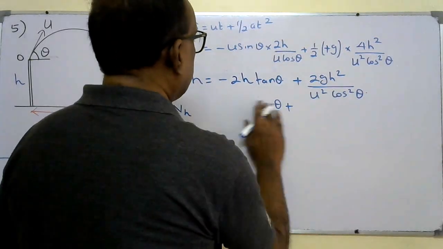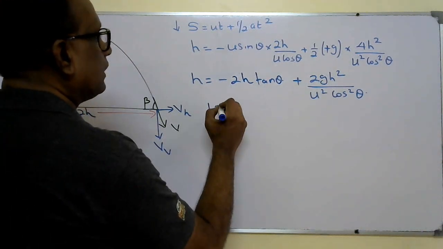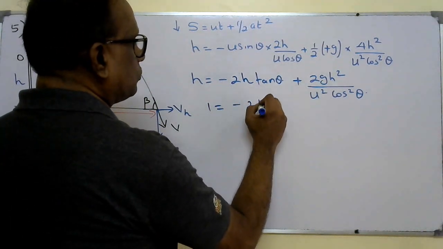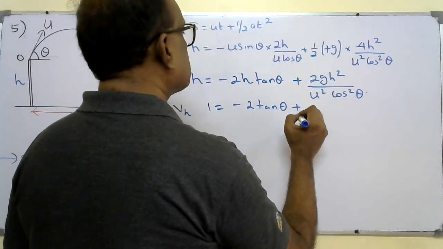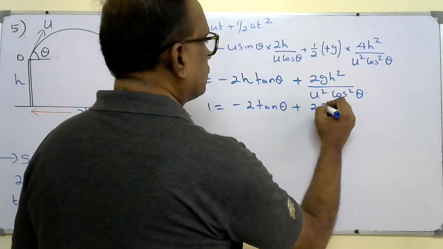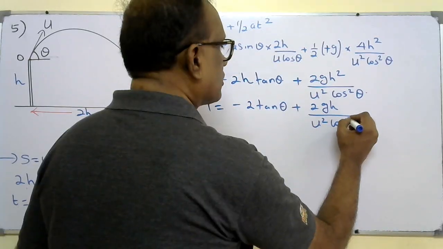So in the whole equation I can divide by h. So 1 equals minus 2 tan theta plus 2gh over u squared cos squared theta.